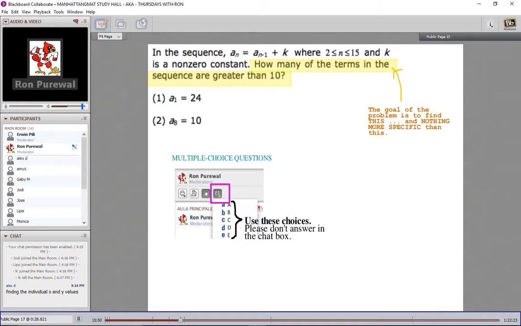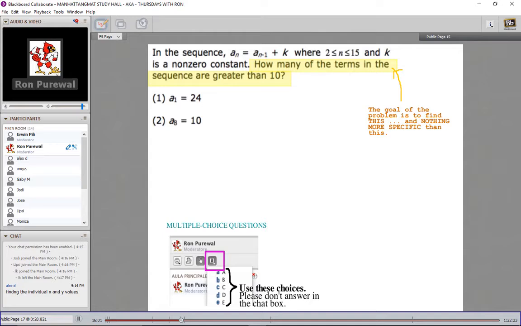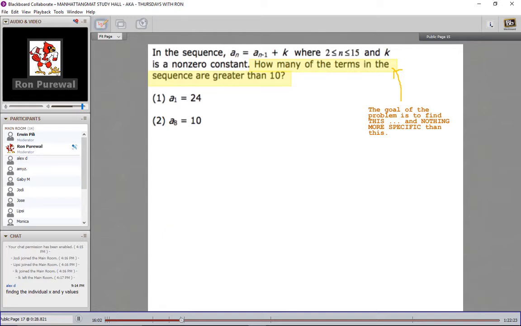So let's talk about this problem. We want to know how many of the terms are more than 10. What should you not try to find? That's a question. Let me know in the chat box.